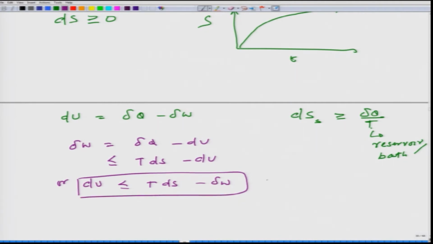Okay. So, now if dU is constrained at constant S and V, this implies that dU is going to be less than or equal to 0.